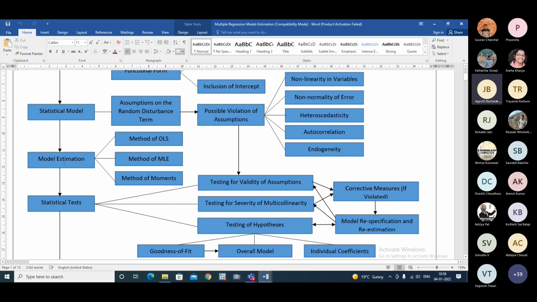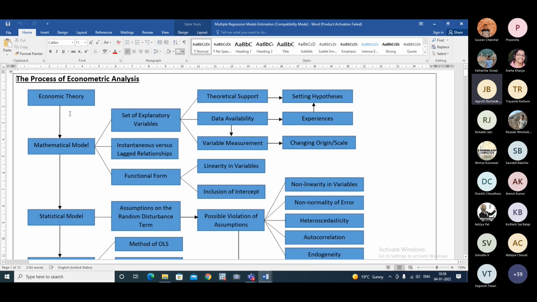What we'll do in this course, we'll basically start with some aspects of economic theories, then defining the mathematical model, then going for statistical model. Here, we'll be basically focusing on, to begin with, why to add the random disturbance term and what are the assumptions and what are the possible consequences if these assumptions are violated.